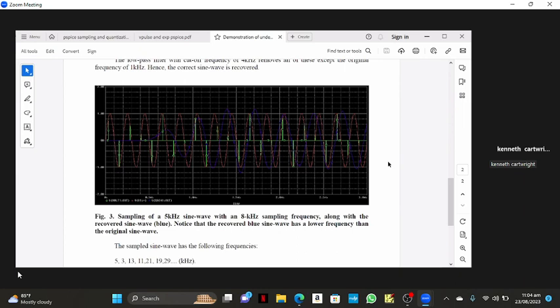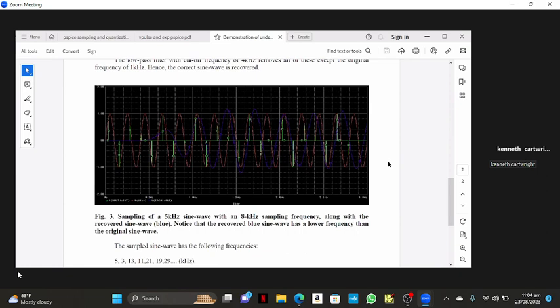What's the moral of the story? Let's summarize this part of the lesson. It's very simple. There's a minimum frequency at which you can sample. What is that minimum frequency? 2 times FM. If you use a sampling frequency below that, you will get an output, but that output will not be the original signal.